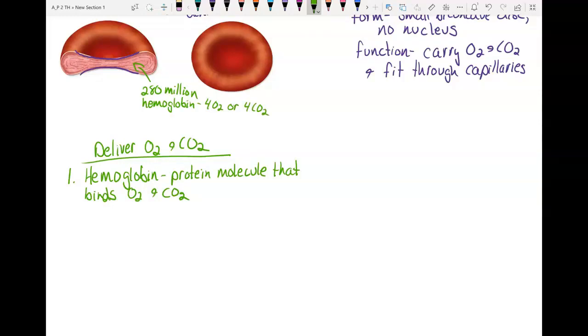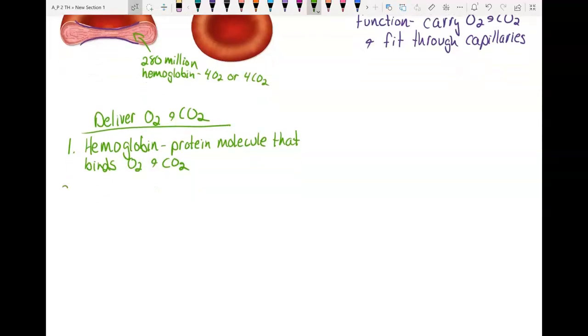The next feature that helps them to deliver these is the fact that they don't have a nucleus. So anucleate means no nucleus. The nucleus is typically the largest structure in a cell, so it takes up a lot of room.